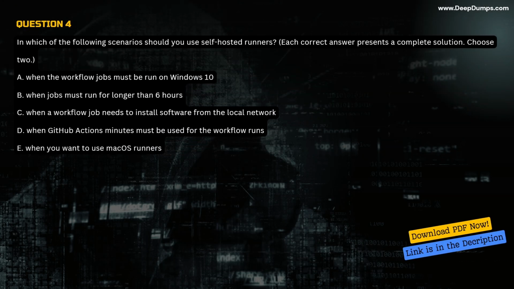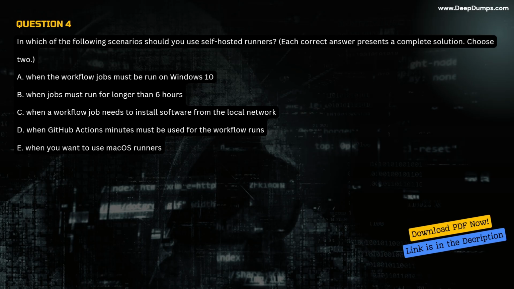Question 4. In which of the following scenarios should you use self-hosted runners? Each correct answer presents a complete solution. Choose 2. A. When the workflow jobs must be run on Windows 10. B. When jobs must run for longer than 6 hours. C. When a workflow job needs to install software from the local network. D. When GitHub Actions minutes must be used for the workflow runs.